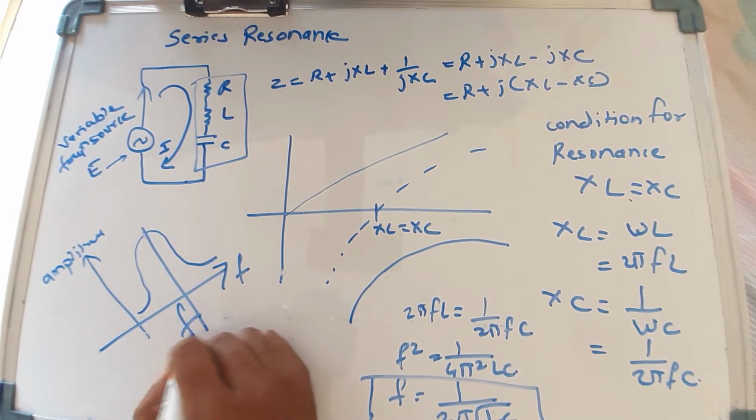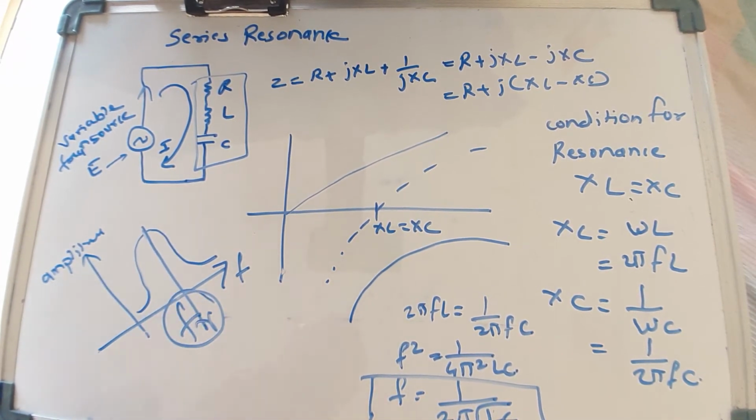That frequency we call the resonant frequency. Resonance is a frequency selective network where we get the maximum gain. Amplitude, if we take the ratio of output by input, forms the gain.